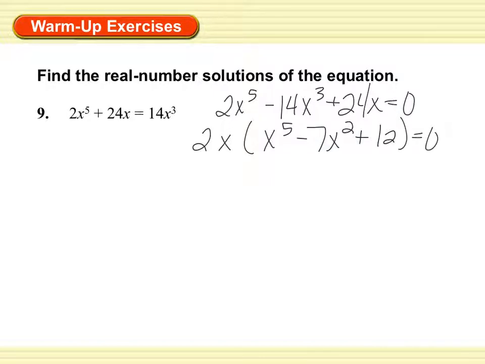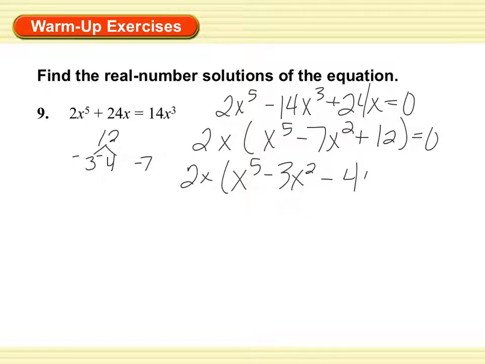A times c is 12, so two things that multiply to 12 and add to -7. 1 times 12, 2 times 6, 3 times 4. So a -3 and a -4. So minus 3x squared minus 4x squared plus 12.